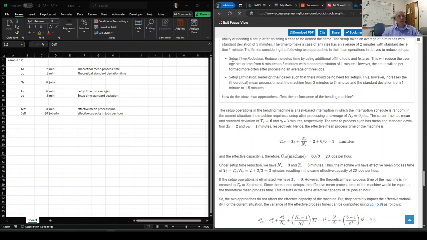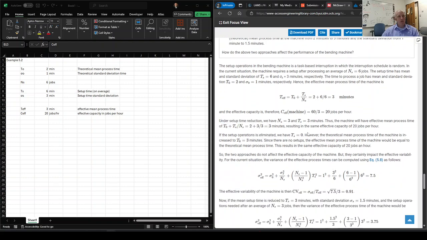So let's look at setup time reduction. Under setup time reduction, we have a couple of changes. So let's do a setup time reduction section here. What's changed here is we have an NS of 3, which means that the average has changed to about every 3 jobs.